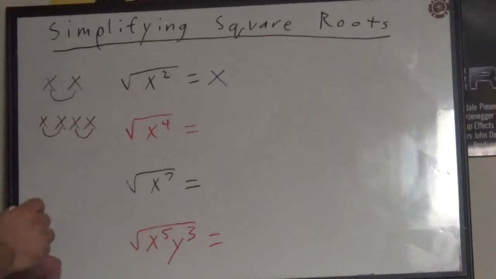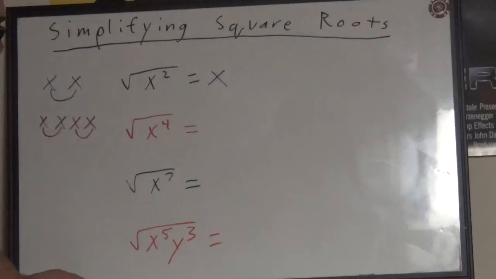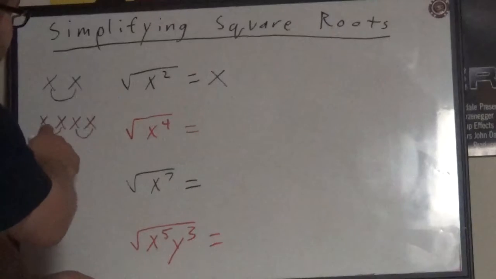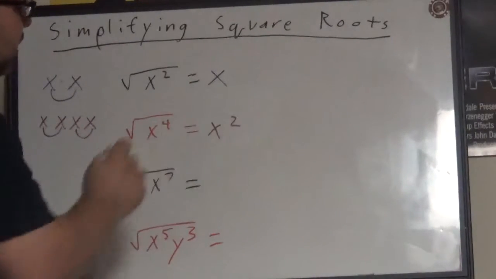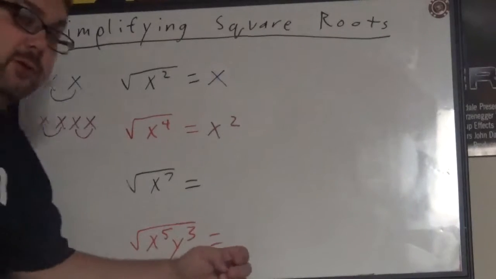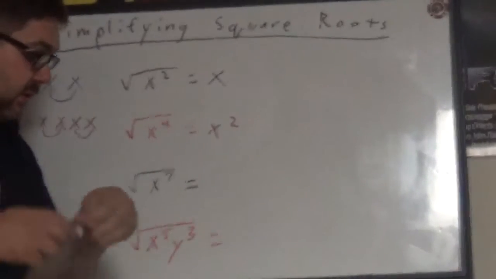We've got 2 groups of 2 smiley faces. So when we take the square root of x to the 4th, we count the number we have, 2, and make it x to the 2nd power.